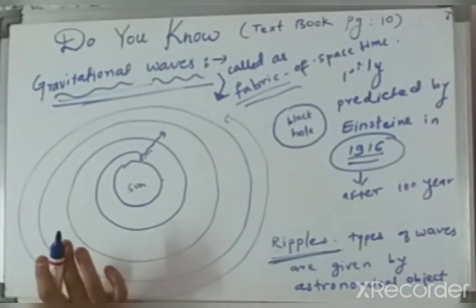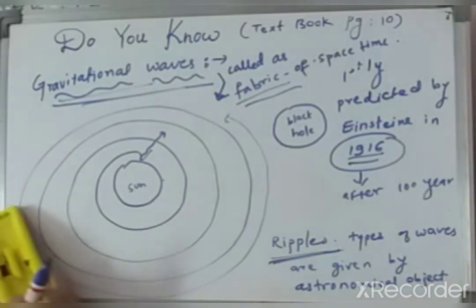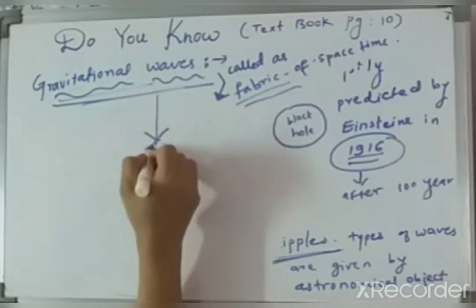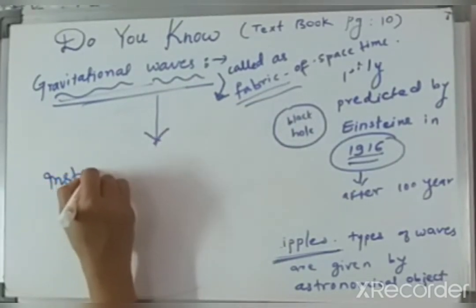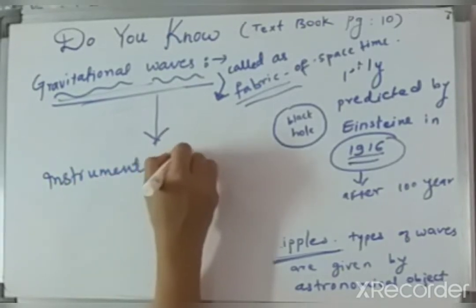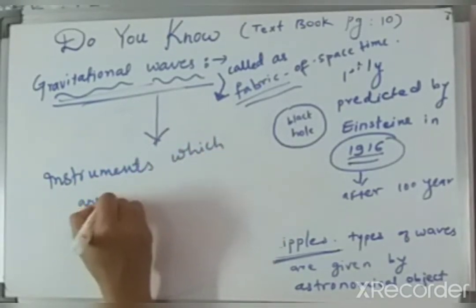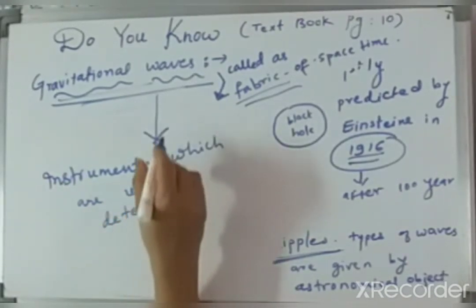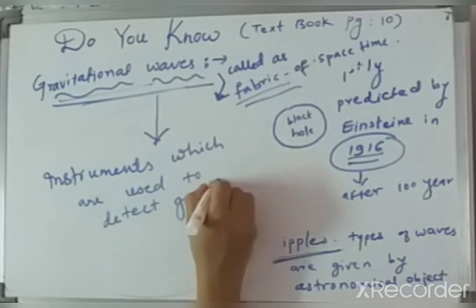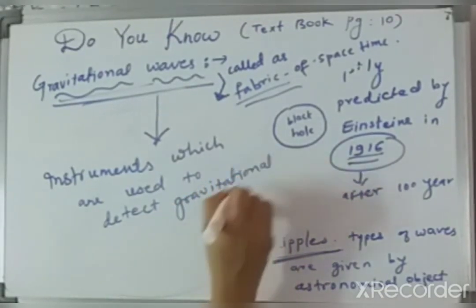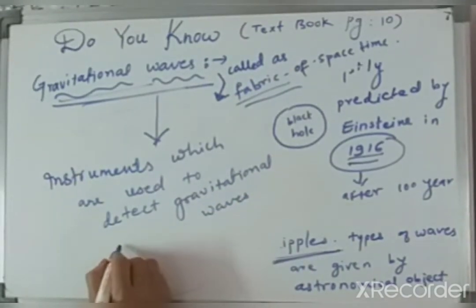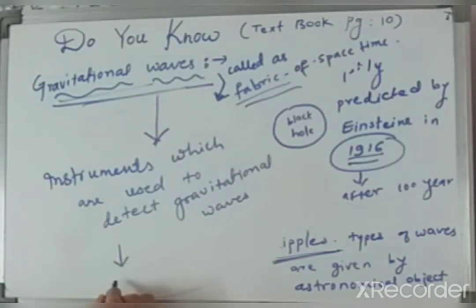And these observatories, or we can say these instruments which are used to detect gravitational waves, are extremely sensitive, and these are located in the space, in spacecrafts.